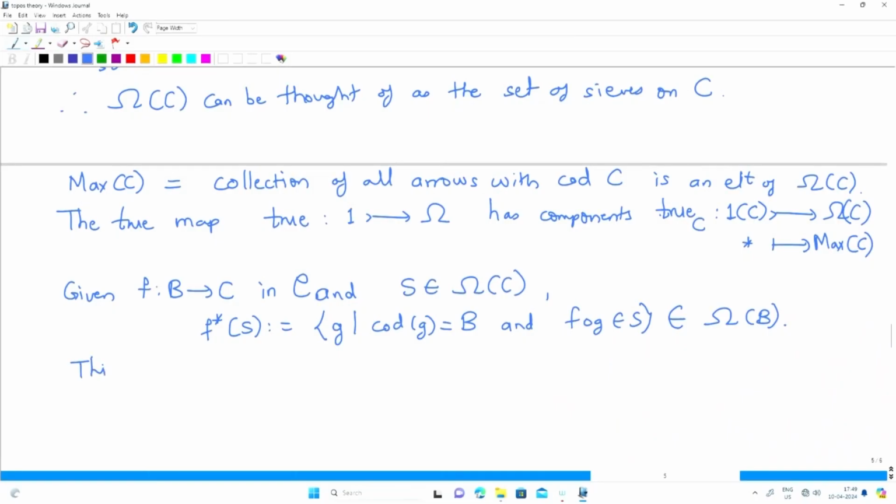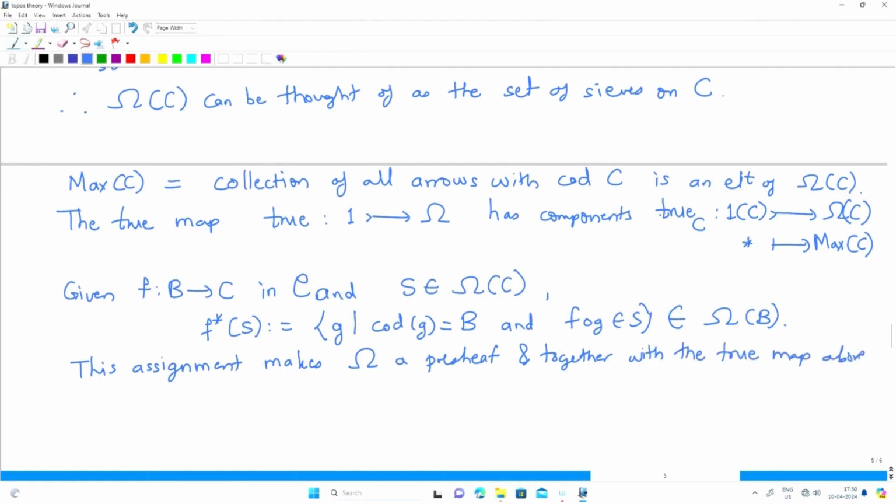So this assignment makes omega a pre-sheaf, and together with the true map above, it is a subobject classifier.